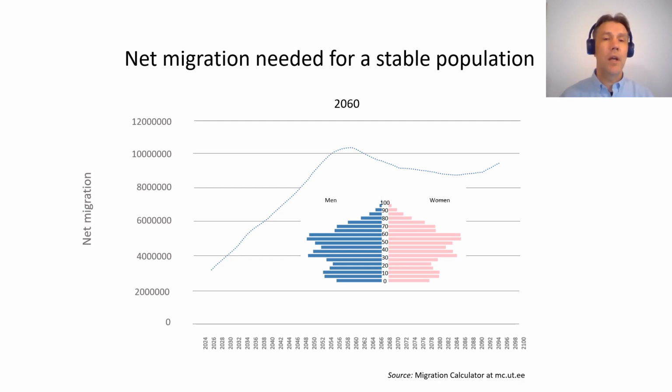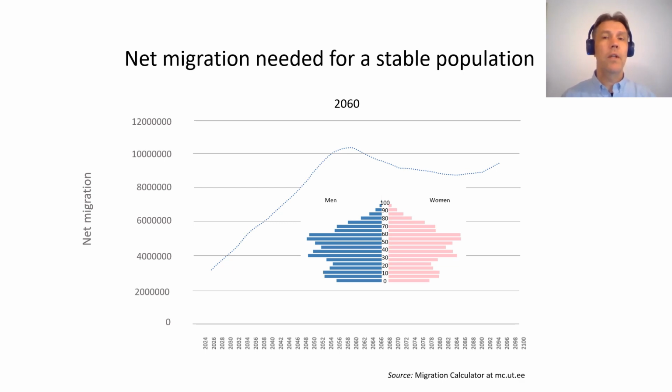What appears is that there is a need for a gradual growth of migrants from year to year, from about 3 million a year to more than 10 million a year around 2060. And since then, the need for additional migrants each year would somewhat decrease.